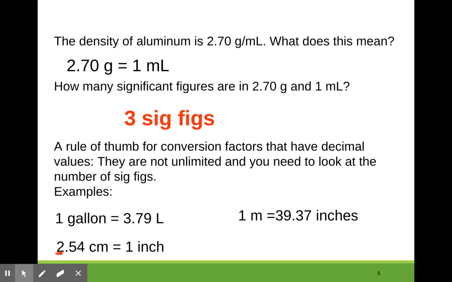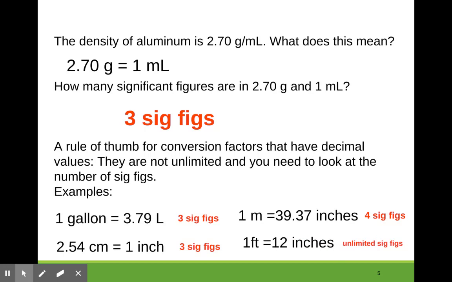This would have 3 sig figs. 1 meter is equal to 39.37 inches. Again, 4 sig figs. And then 1 foot is equal to 12 inches. Because there is no decimal point here, this could go on forever and ever. So there'd be unlimited significant figures.